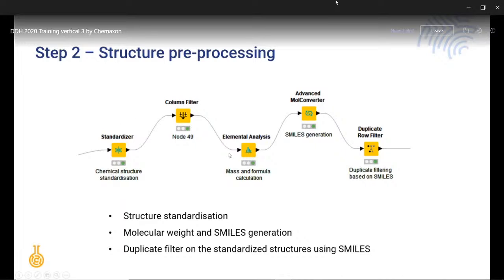After that, we are also going to calculate the molecular weight of our standardized input molecules and generate their SMILES strings. And as a last step in the structure pre-processing, we are going to use the generated SMILES strings to do a duplicate filtering on our standardized input data collection.